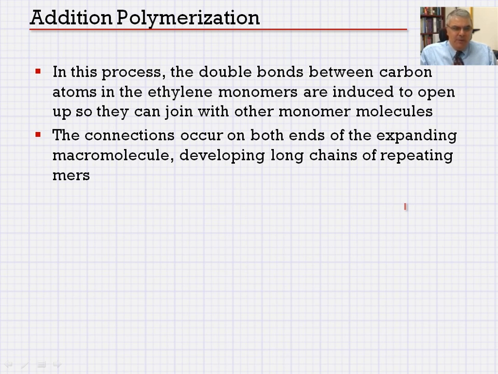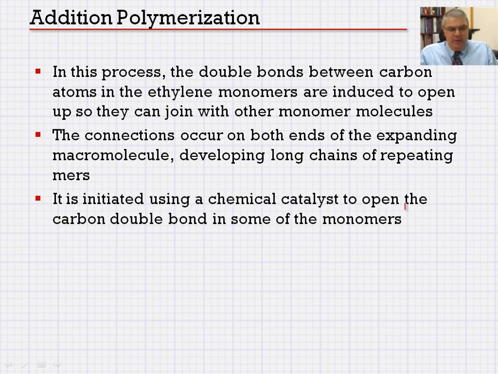Of course, there would be some connections, and they would occur at both ends of the expanding macromolecule. It's going to develop this long chain of repeating mers. Again, I bring your attention back to the name polymers, many mers, many parts.